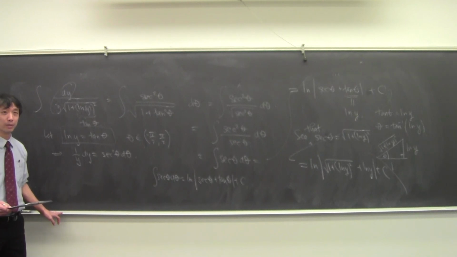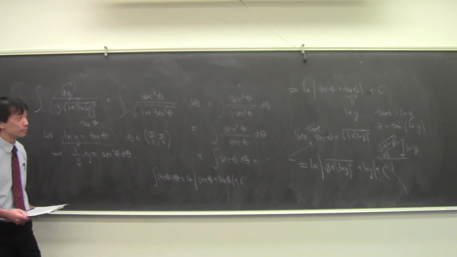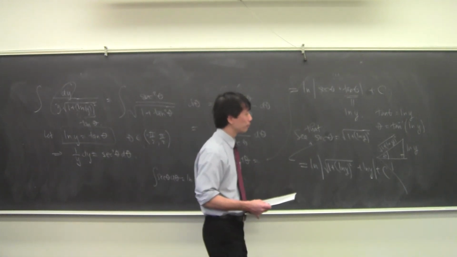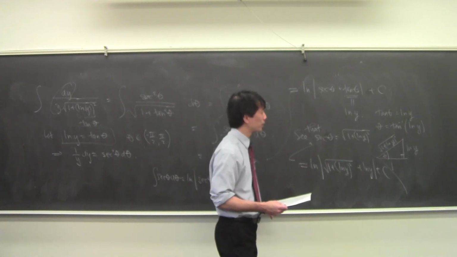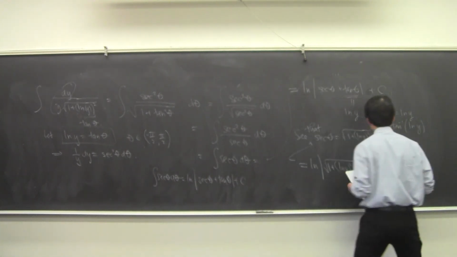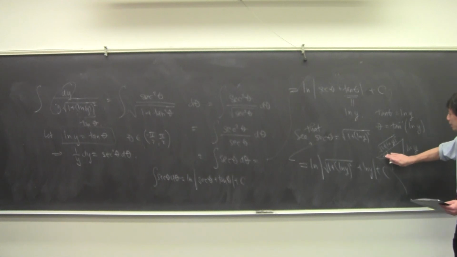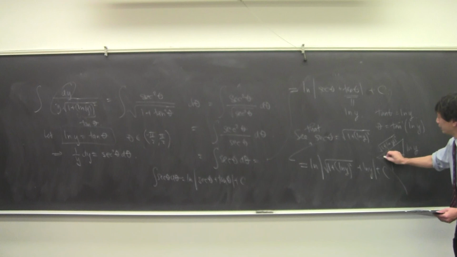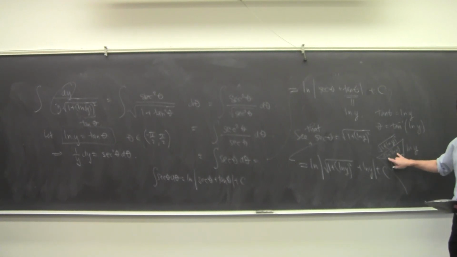Yes, Sam? When you're assigning the triangle, how are you saying that inverse tan is equal to ln? Wouldn't it be adjacent over opposite, since it's arctan right now? No, this thing is arctan natural log y, right? That means that its tangent, the tangent of this angle, is natural log y.